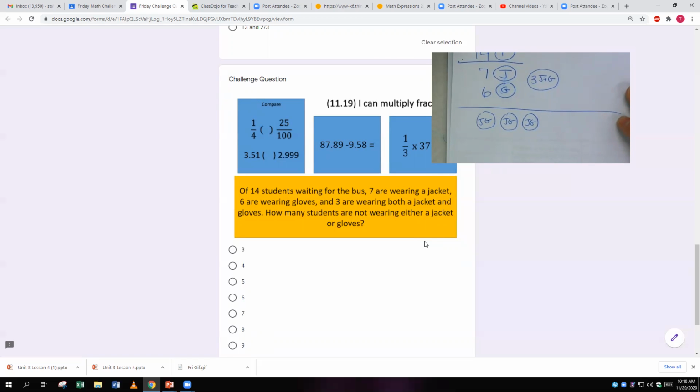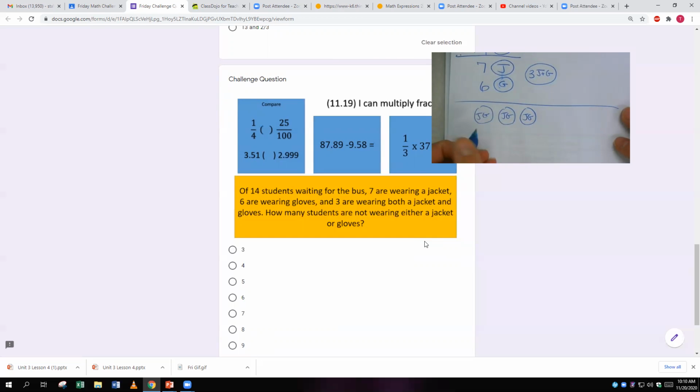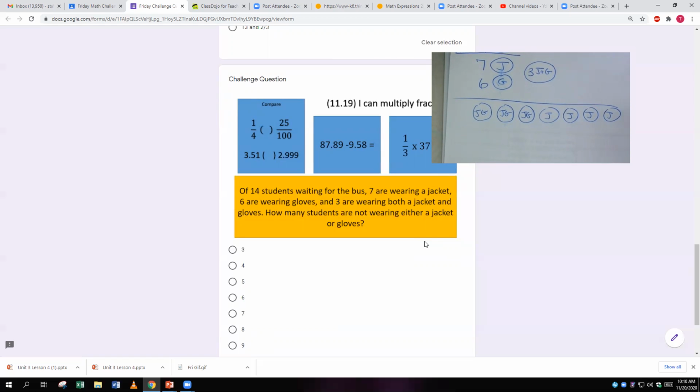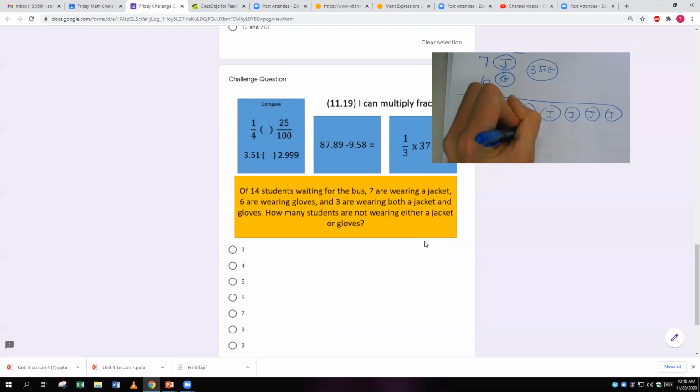We have 7 total wearing a jacket. So we have 1, 2, 3 there wearing a jacket. How many more do we need wearing a jacket? Well, 4, because we have 7 total wearing a jacket. So these guys must be just wearing a jacket. And then we have 6 total wearing gloves. 1, 2, 3. Still have to add 3 more because they're just wearing gloves.